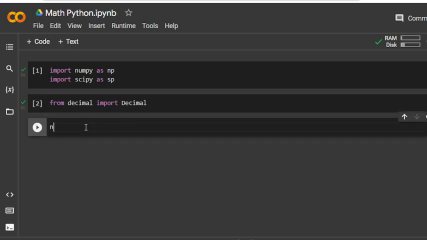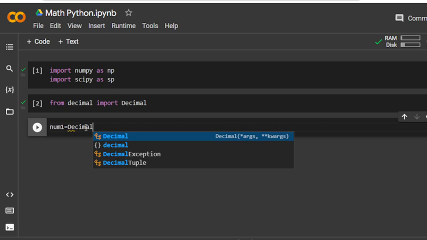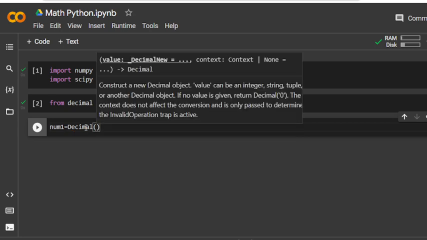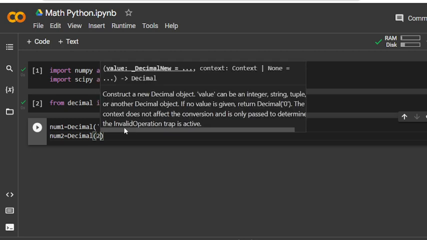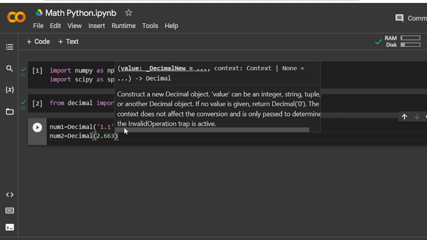So let's see, I am taking num1 equal to Decimal of 1.1, and second, num2 equal to Decimal of 2.663, and we can add both decimal numbers.